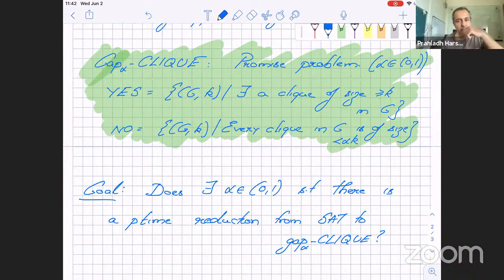By the way, for max 3 SAT, we saw a 7/8 approximation. For clique, what approximation can you give among the efficient algorithms?